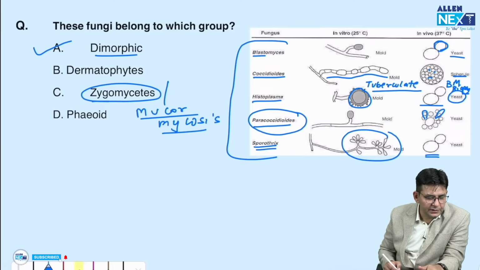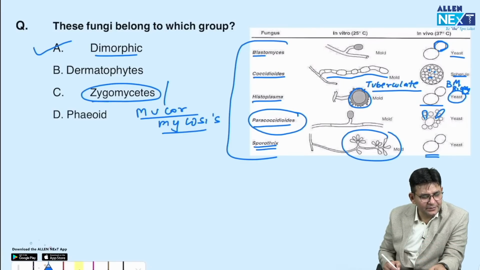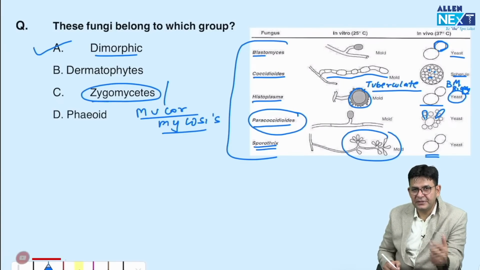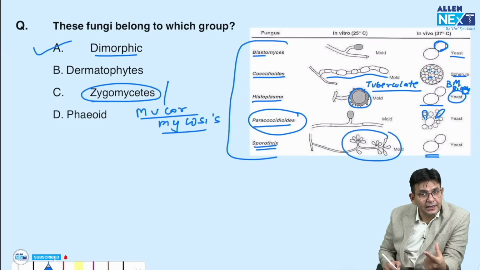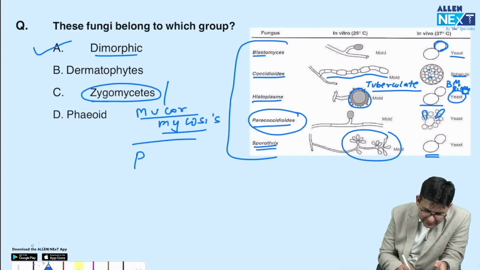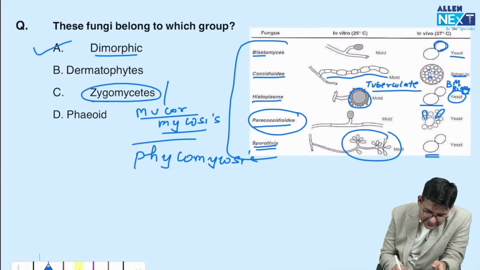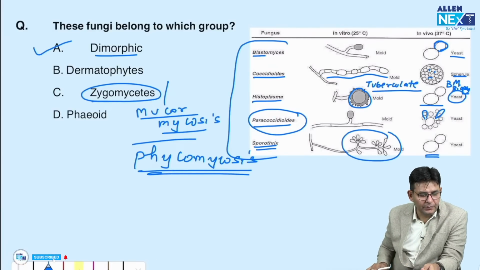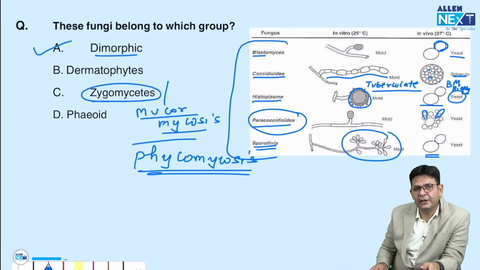And these particular features are there. Asteroid bodies. Good. Mucormycosis is the other name of zygomycosis, and the third name is also important. They have asked this time by that name, phycomycosis. Okay, phycomycosis is the third name of mucormycosis or zygomycosis.